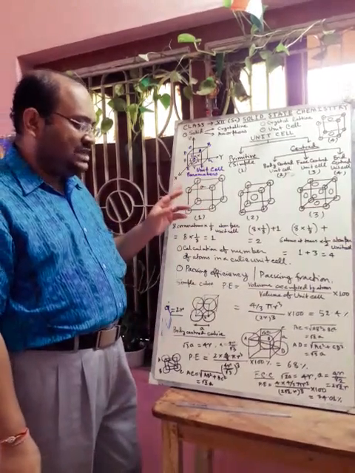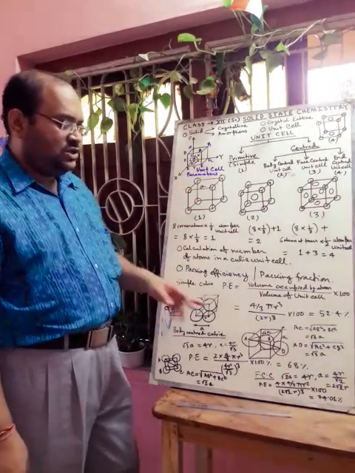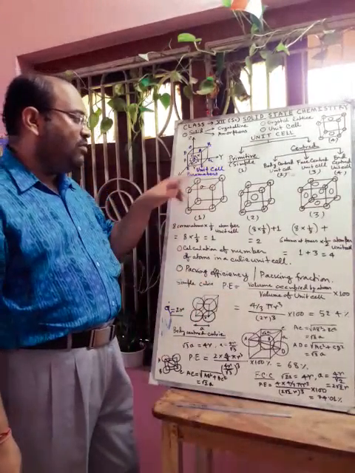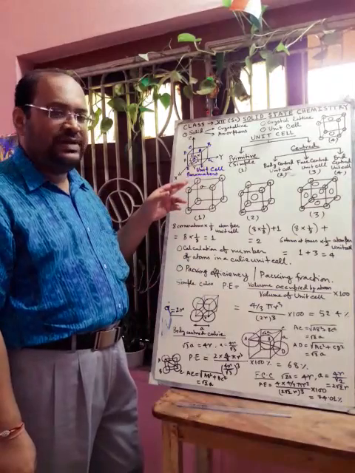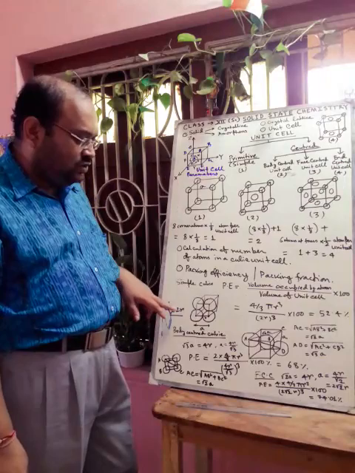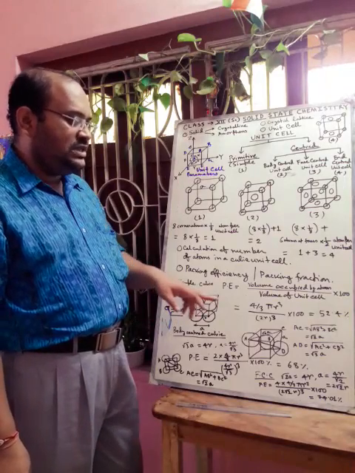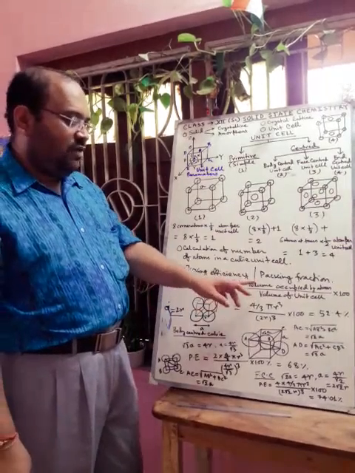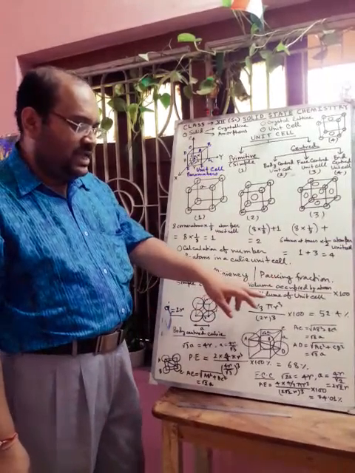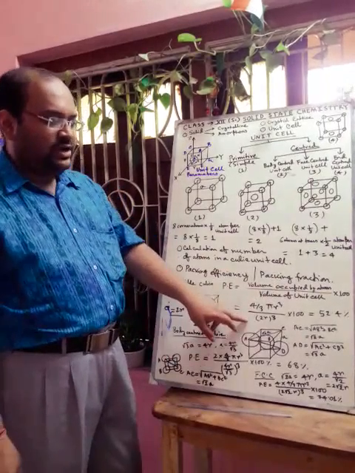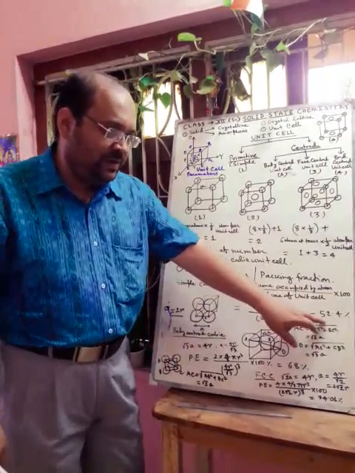So as there is one sphere, it is 4 by 3 pi r cube, and what will be the volume of this unit cell? That will be A cube, and we know that A is equal to 2R, so total volume is equal to 8R cube. So if we divide the volume occupied by atoms by volume of unit cell into 100, we will get the percentage, that will be 52.4%.